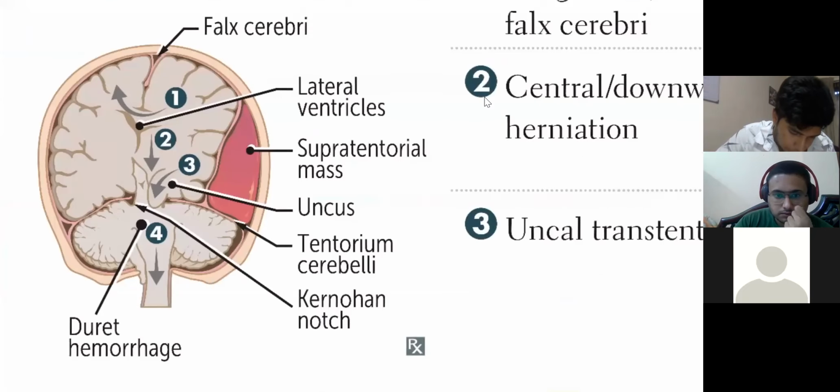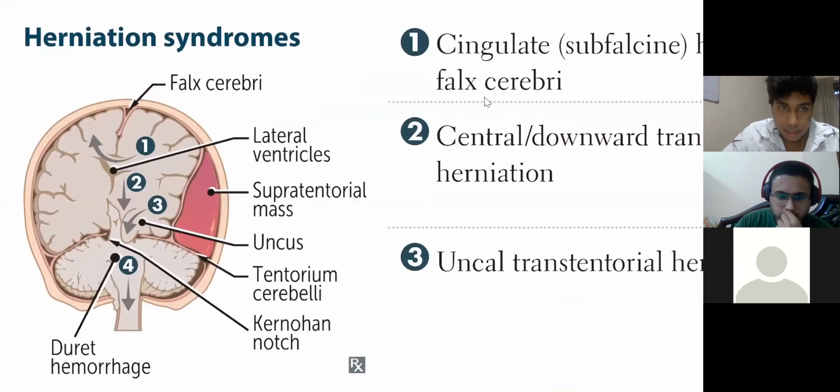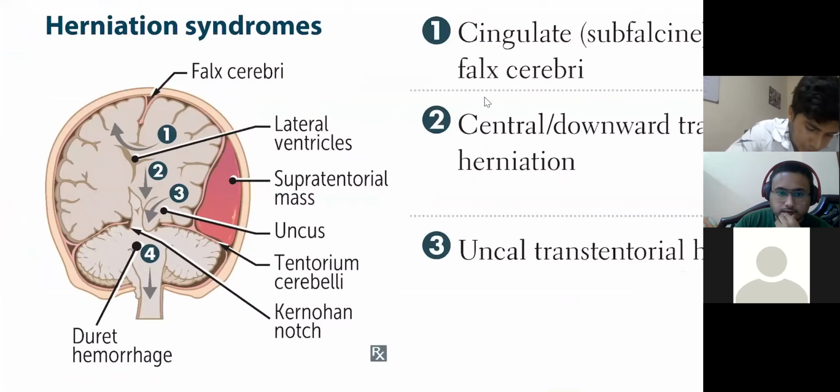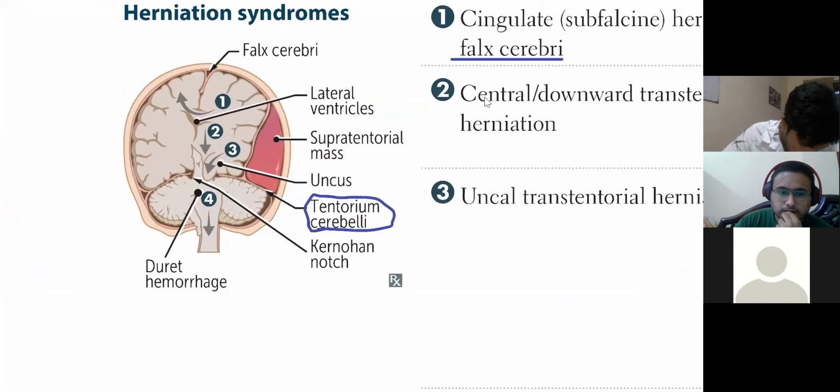Look at this image. You might have heard of these words. Don't worry, we will go back and draw this. Falx cerebri, tentorium cerebelli, and one more, the diaphragma sellae.